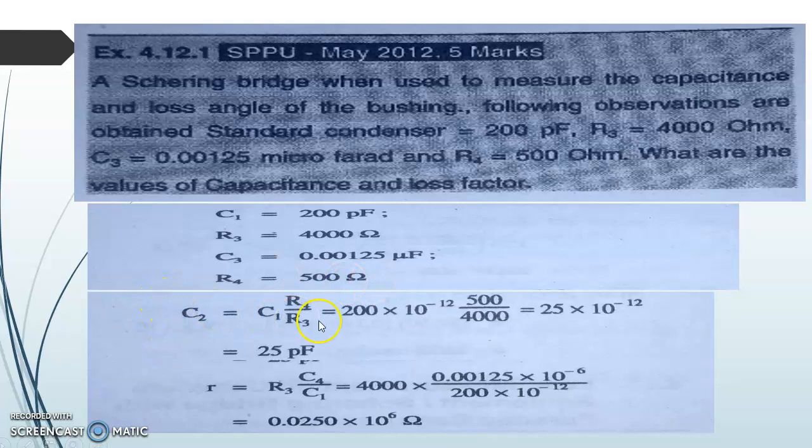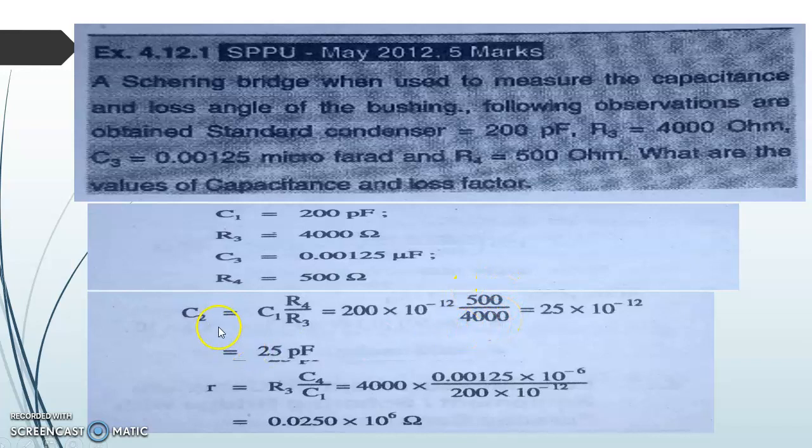From the equation C1 into R4 upon R3, we can find out C2. Here C1 is 200 into 10 raised to minus 12, as the given value is in picofarad, so we multiply it by 10 raised to minus 12, into R4 upon R3, that is 500 upon 4000.